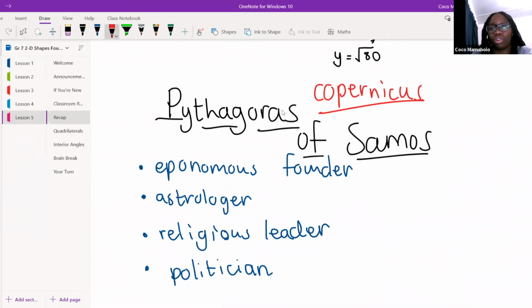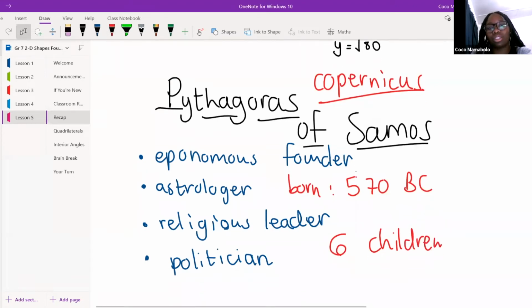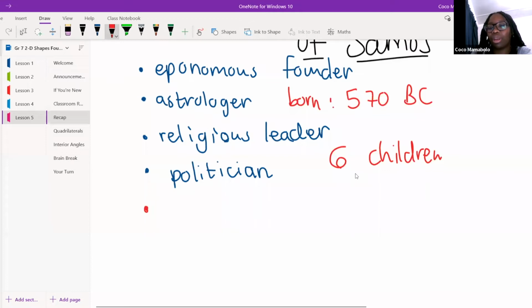All this information is so nice. He had 6 children and many, many grandchildren. I think some of his ancestors are still alive today. And I found out something real interesting. He used to use maths to calculate music. I thought that was the coolest thing I'd ever heard about him. Maths to calculate music.